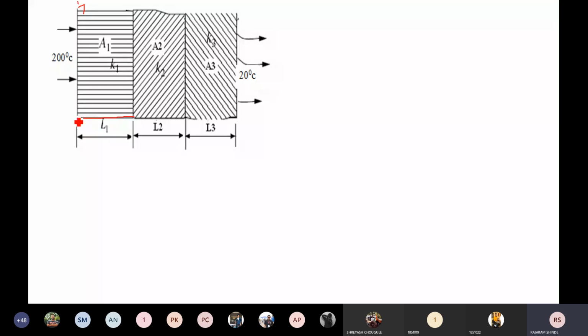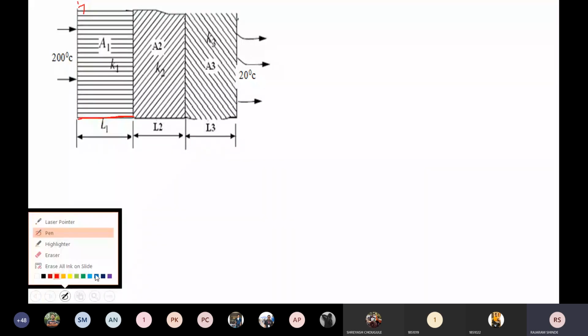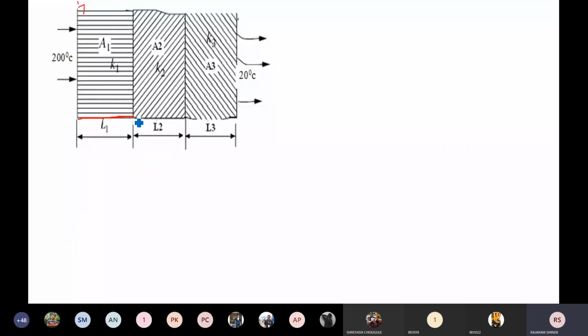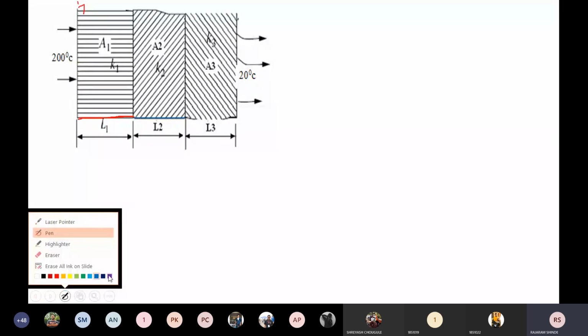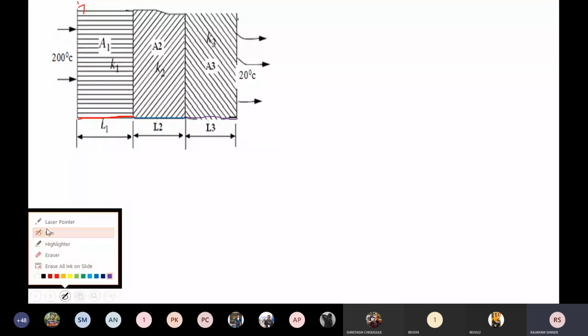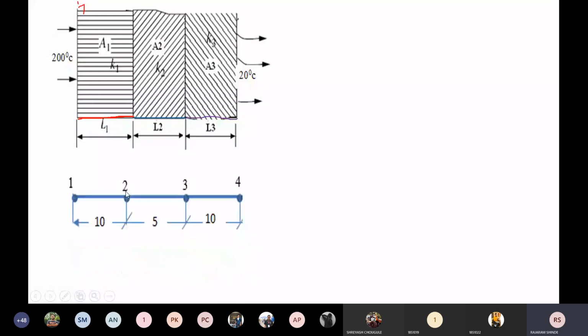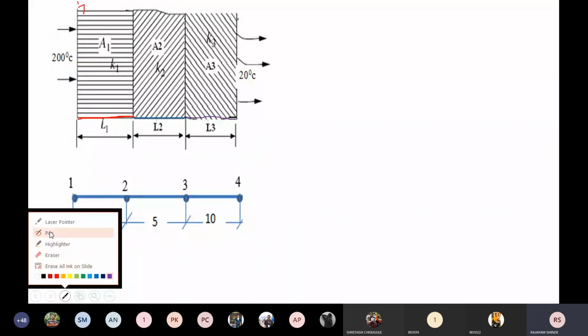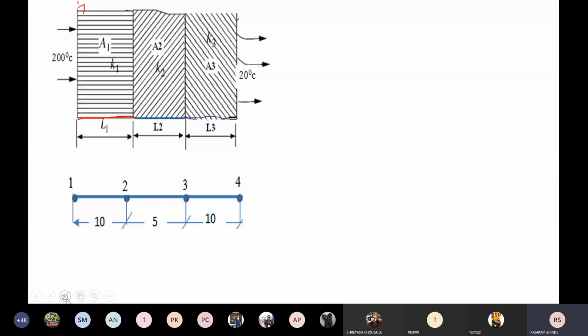We can use one element for this part, second, we can use one element for this part, and third, we can use a third element for this part. Do you agree with this? That means we can model this by 3 elements. We can discretize this by 3 elements. Now you see this, discretize the model here. This is element number 1.